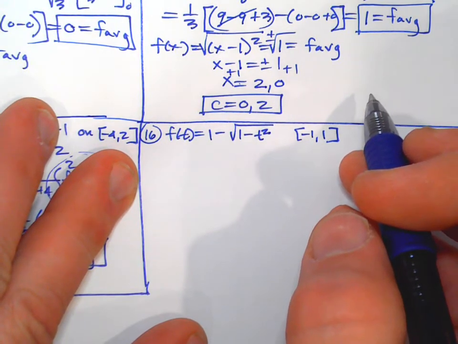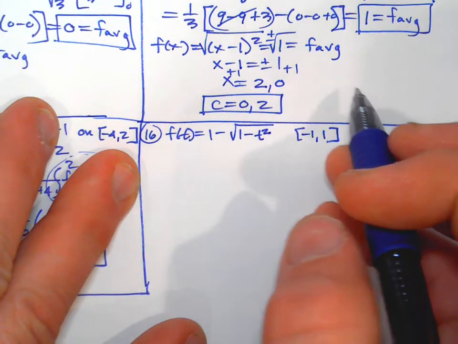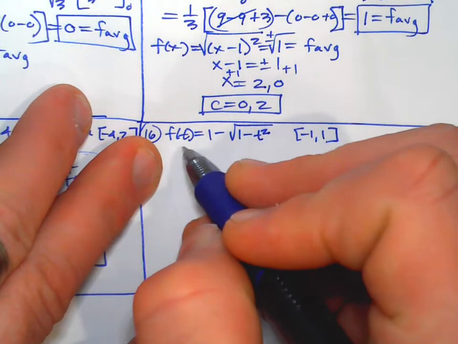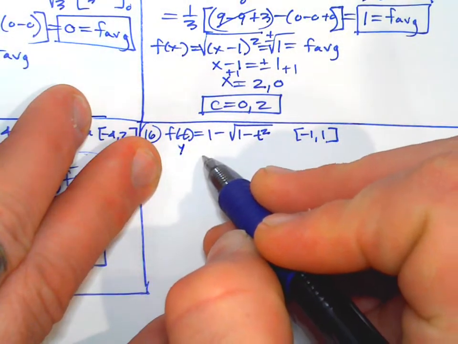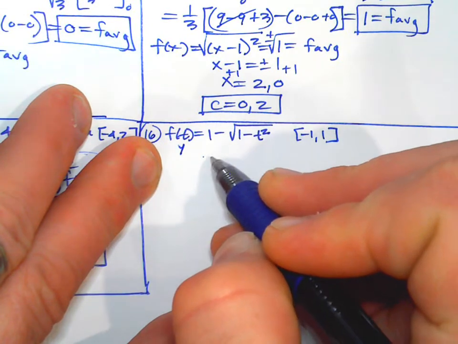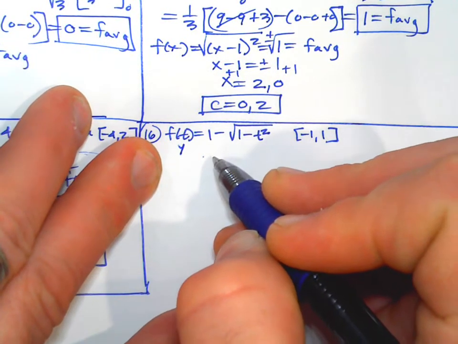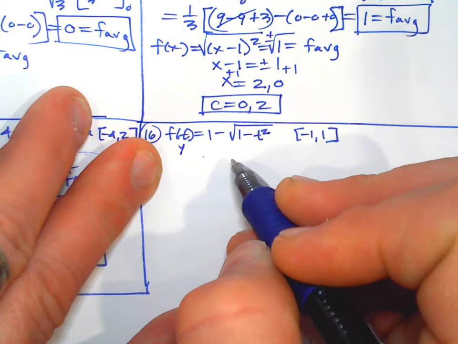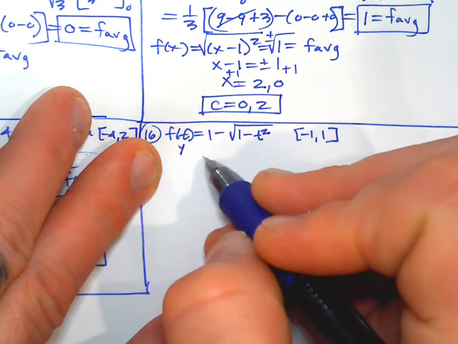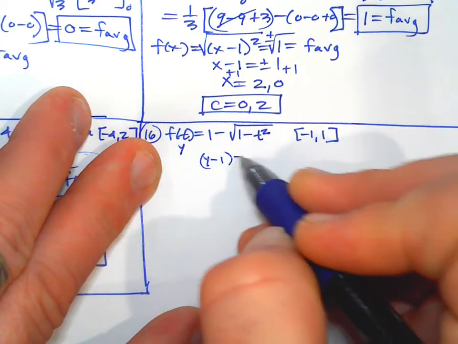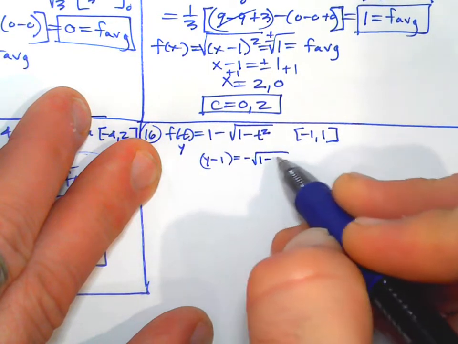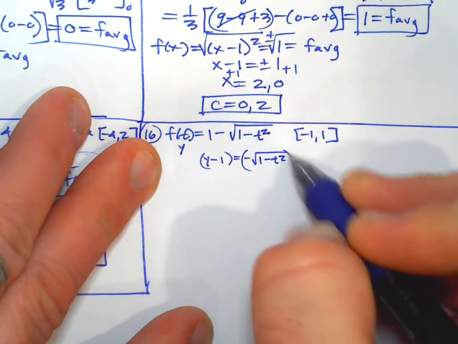So like if we were to call this y, we could do y minus 1 equals -square root of 1 minus t squared, and then we could square both sides.